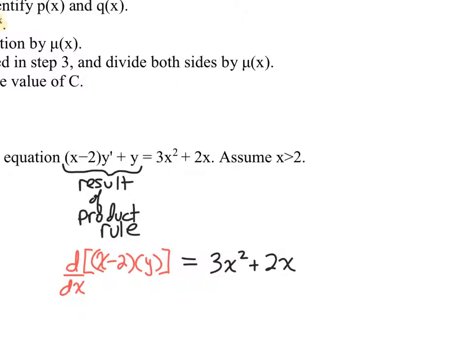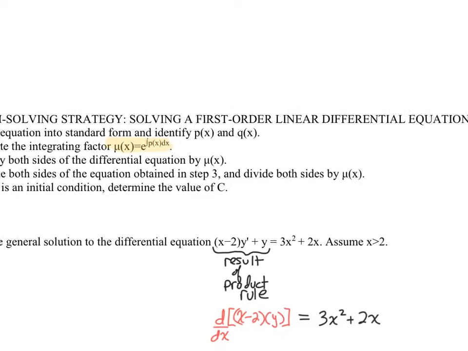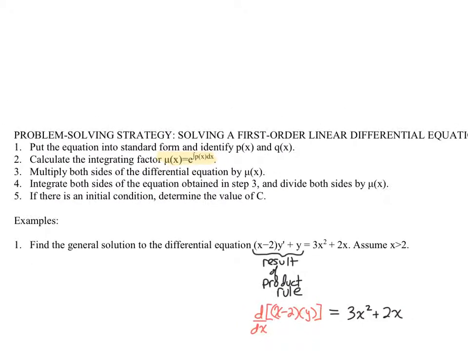The idea here is if you carry out steps 1, 2, and 3 in this process, what you will get as a result will be automatically the result of the product rule, right? So this guarantees that whatever is on the left-hand side of the equation will be the result of the product rule. And so then you could rewrite it like this.